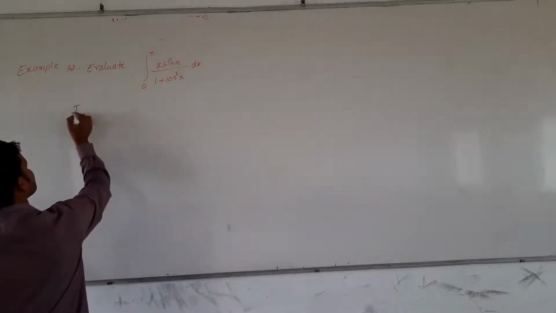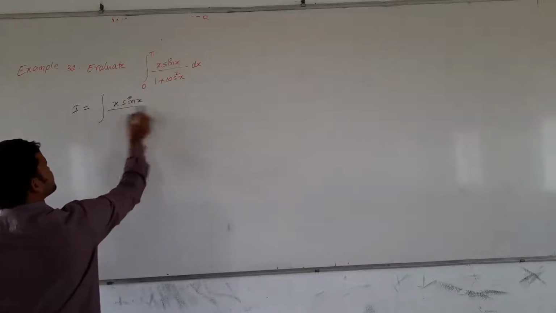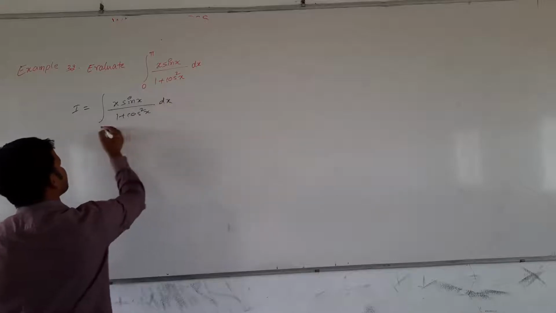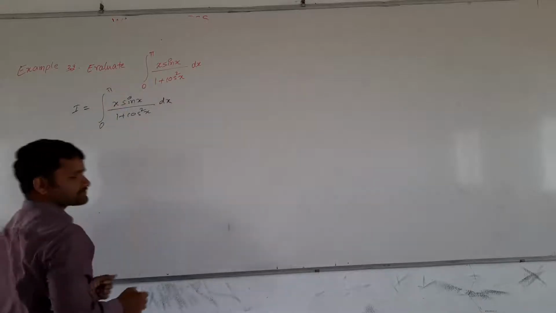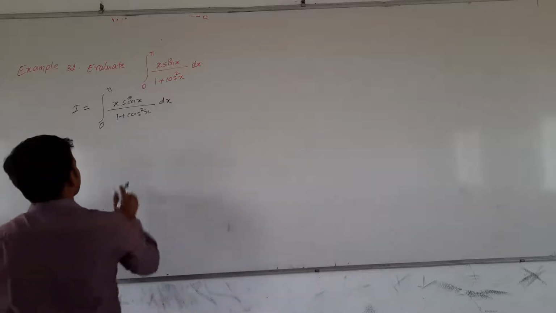See, I will take I is equal to integration of x into sin x by 1 plus cos square x with respect to x from 0 to pi. This is our problem. I am using the property here.